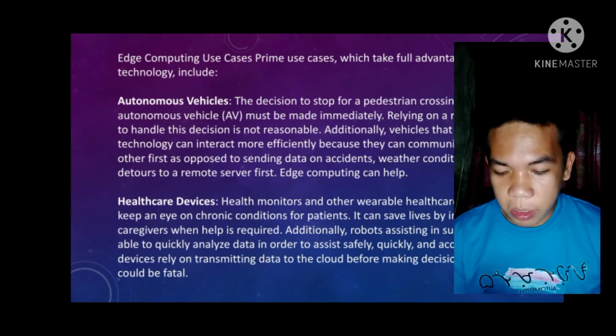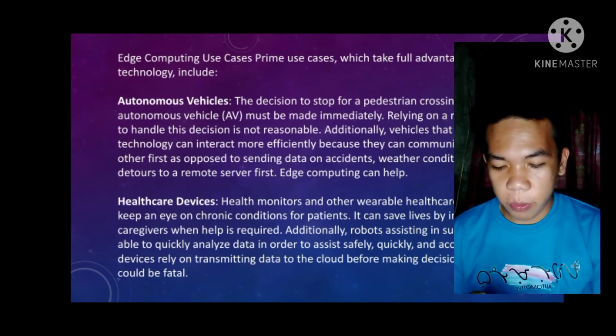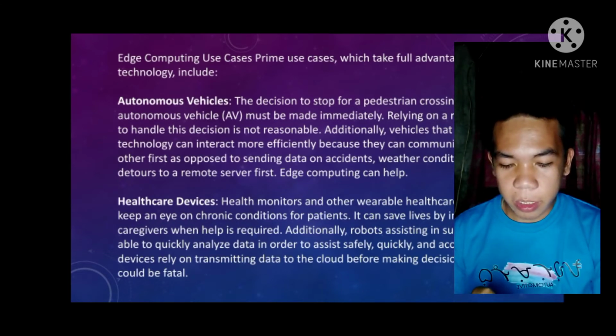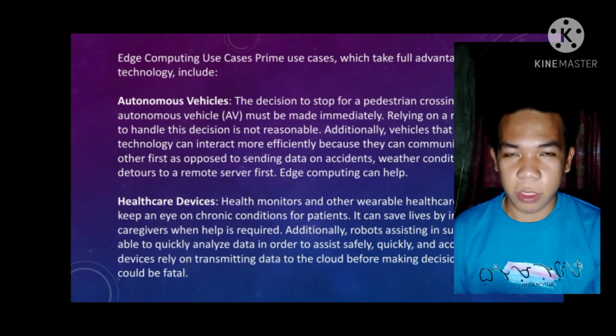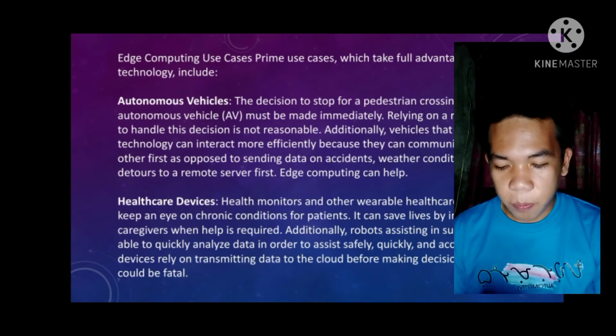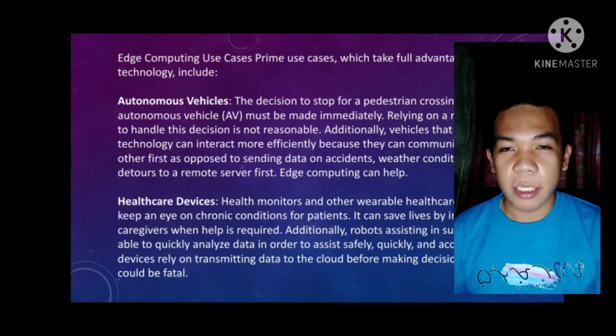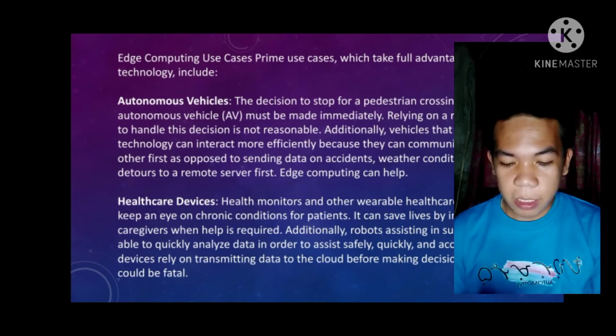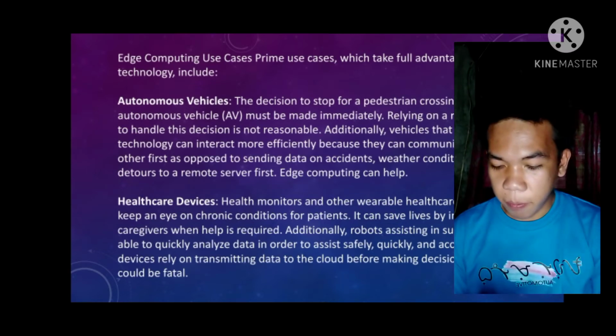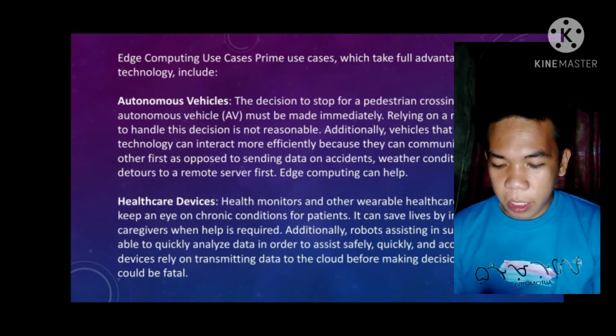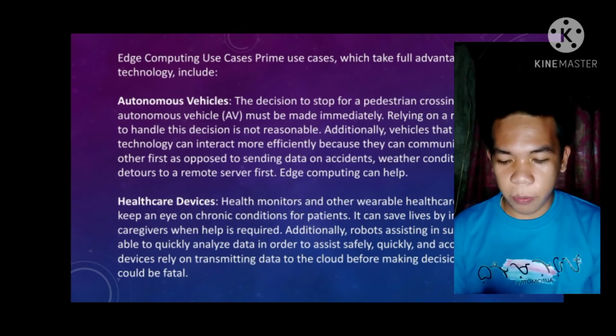Healthcare devices. Health monitors and other wearable healthcare devices can keep an eye on chronic conditions for patients. They can save lives by instantly alerting caregivers when help is required.